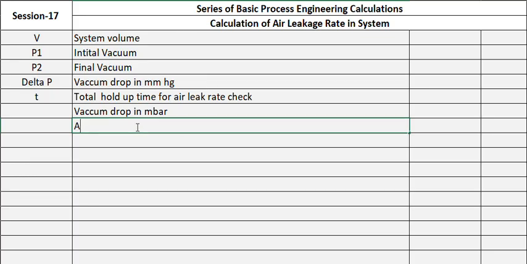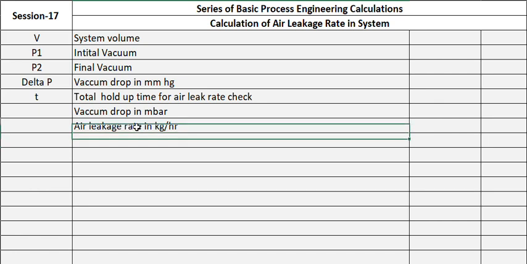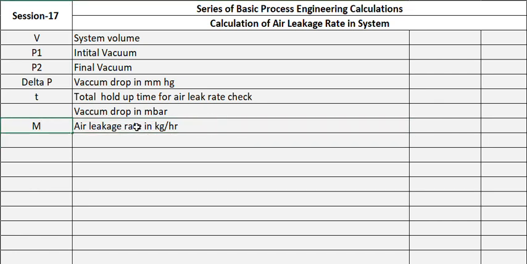Then we will get the air leakage rate in kg per hour, which we can denote as MA. So for these calculations, I'll take one example here so that you will get the idea.